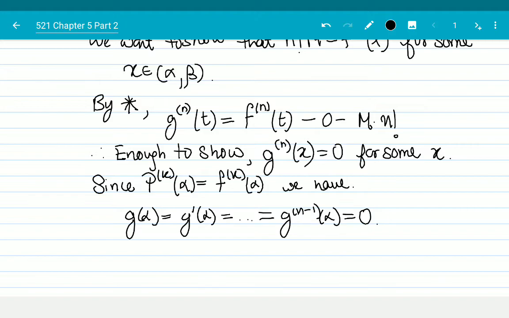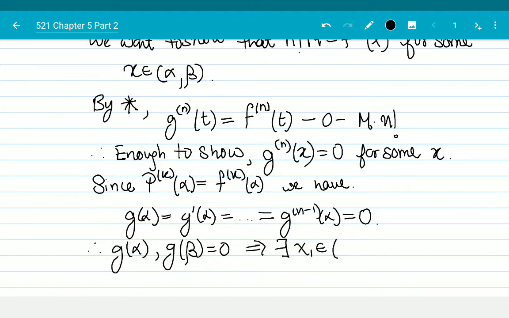Therefore there exists x1 between alpha and beta such that g'(x1) is equal to 0.